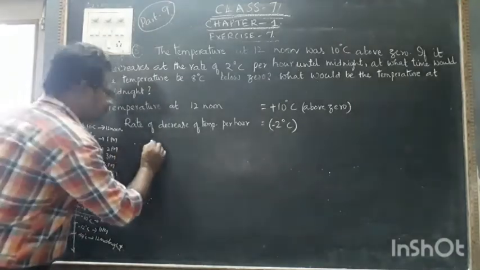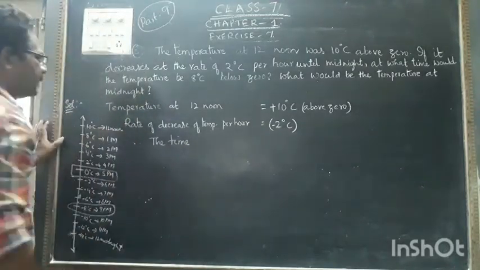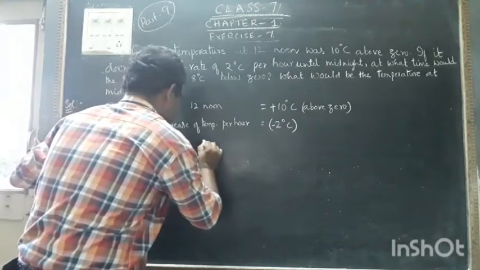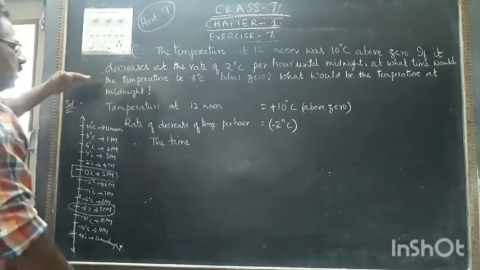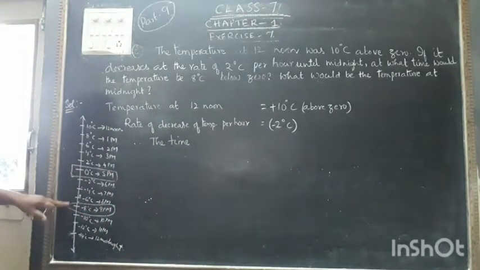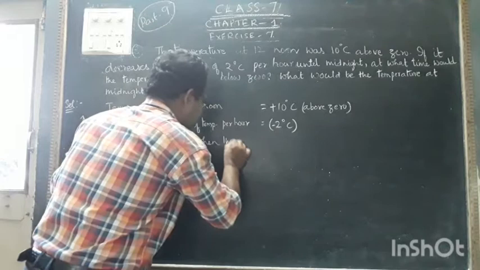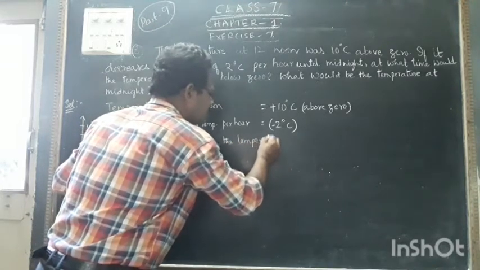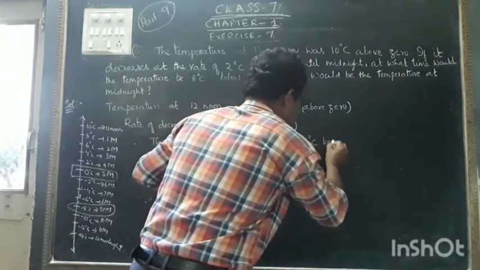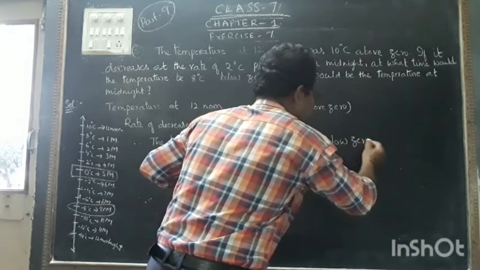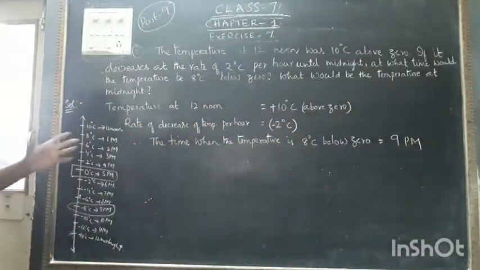Therefore, the time when the temperature is 8 degrees centigrade below zero is equal to 9 p.m. That is the answer we can write directly.